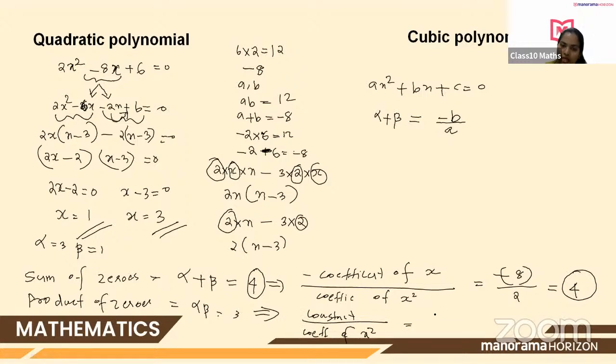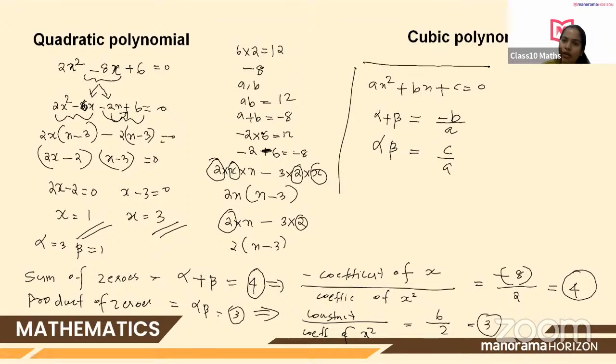That is, what is the constant here? 6 divided by 2. That is 3. Again, the answer is same. So, the product of zeros alpha beta is equal to c by a. So, this is the relation of zeros and coefficients of a quadratic polynomial.